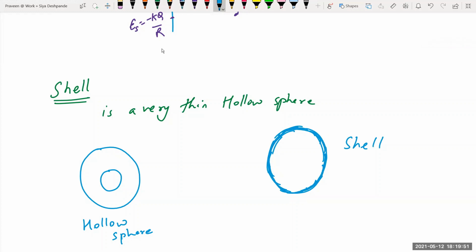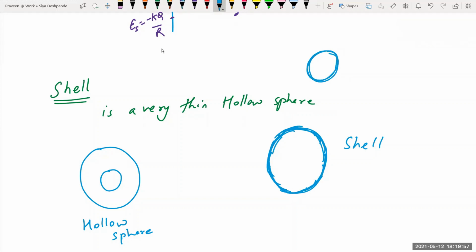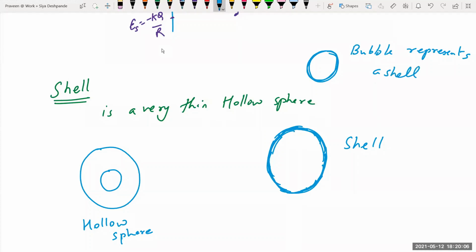You can see the water or the soap solution is always on the surface. So a bubble represents a shell. What about the bowling ball? Is that a shell? No. A bowling ball is very much solid from the inside.